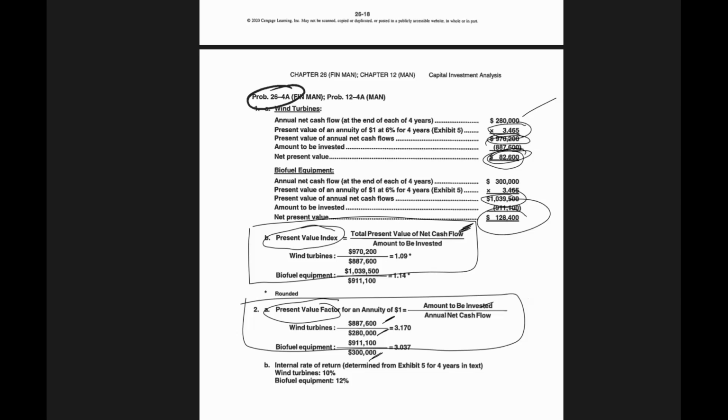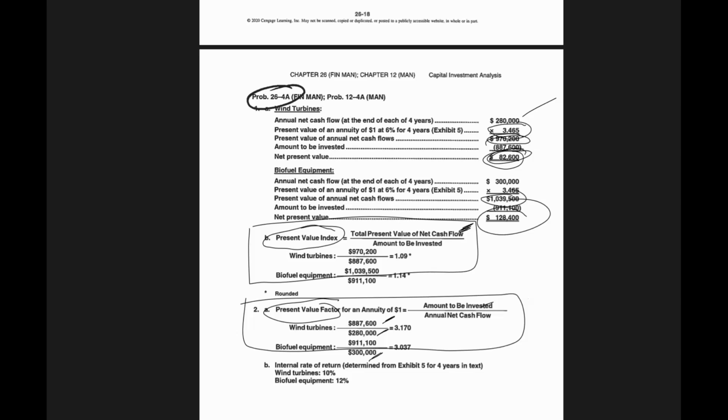So in a way, we could say for the wind turbines, the cash payback is 3.17 years, or the present value factor is 3.17. Knowing that, and again, because this is an annuity, we can go to Exhibit 5, found on page 1319.